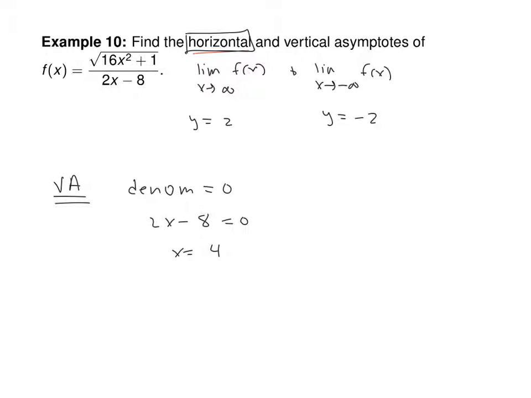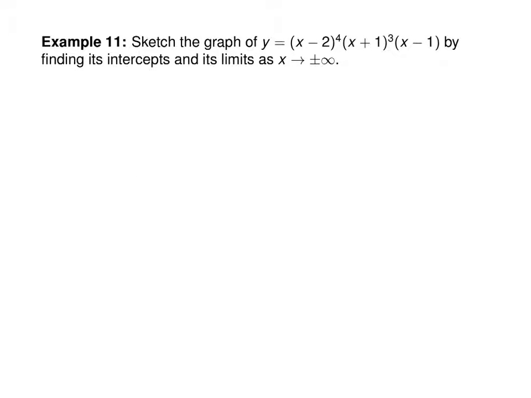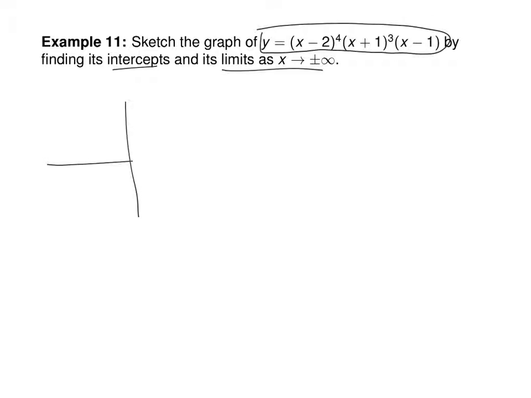Okay. So last question, I'm going to go maybe a couple minutes, but not too much, is to sketch a rough graph of this by finding its intercepts and the limits as x goes to plus or minus infinity. The x-intercepts you find by setting y to 0. So 0 equals (x minus 2) to the 4th, (x plus 1) cubed, (x minus 1).